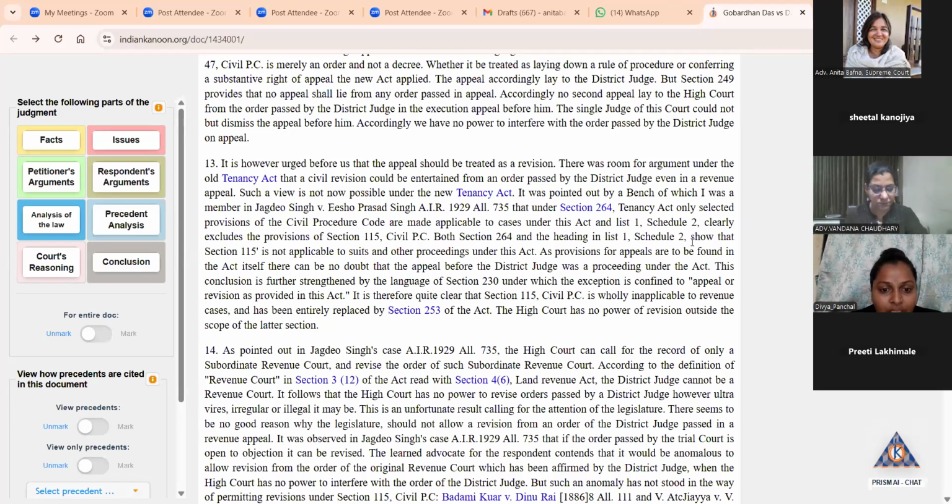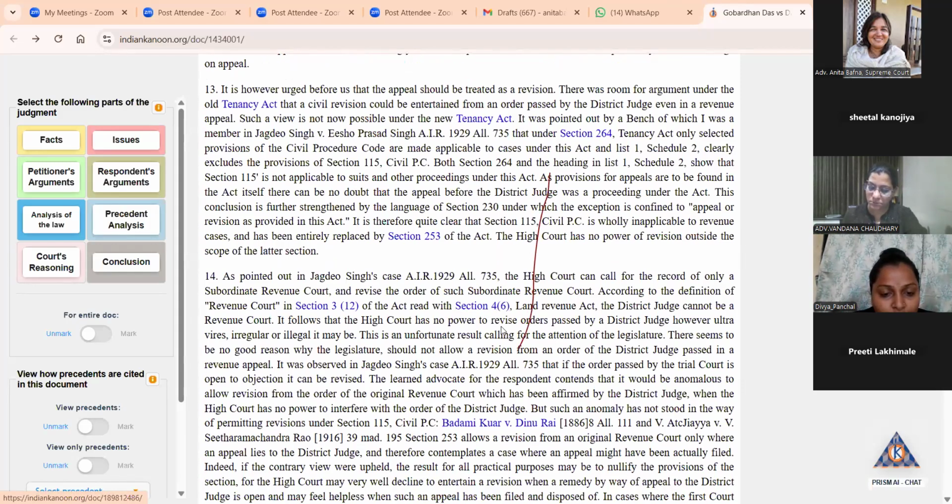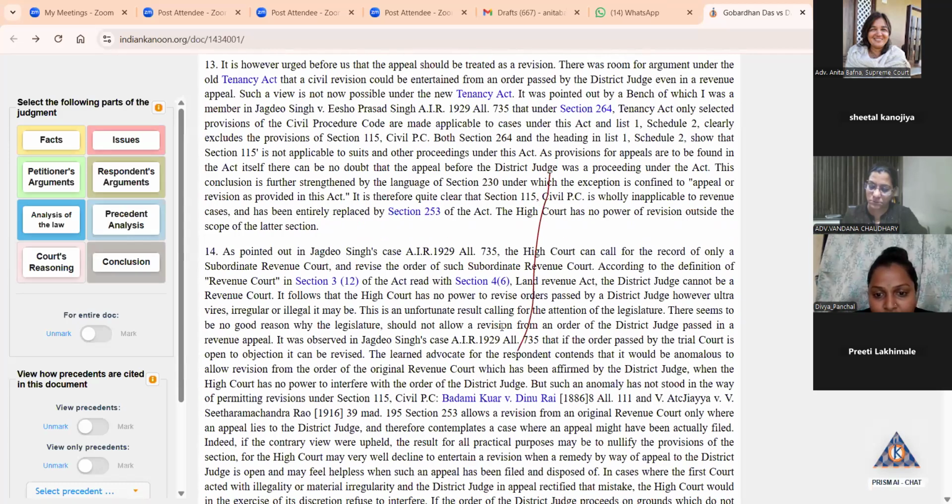It was observed in Jagdev Singh's case, AIR 1929 All 735, that if the order passed by the trial court is open to objection, it can be revised. The learned advocate for the respondent contends that it would be anomalous to allow revision from the order of the original revenue court, which has been affirmed by the district judge, when the High Court has no power to interfere with the order of the district judge.